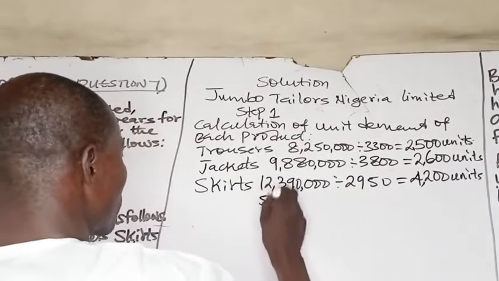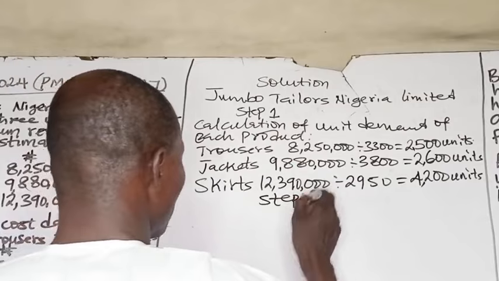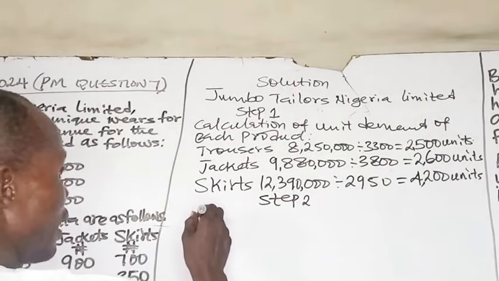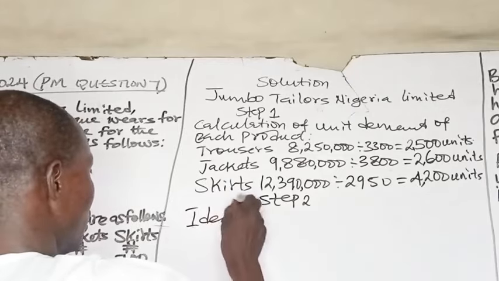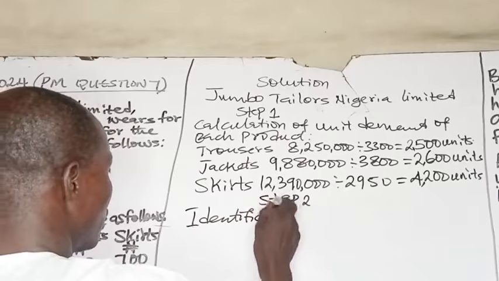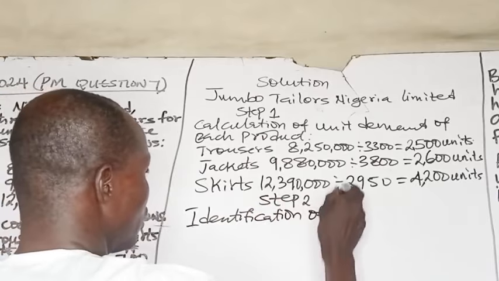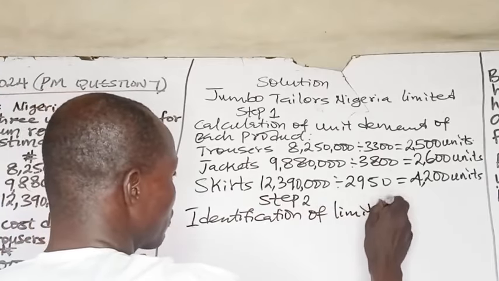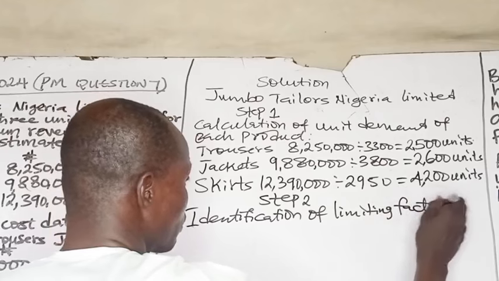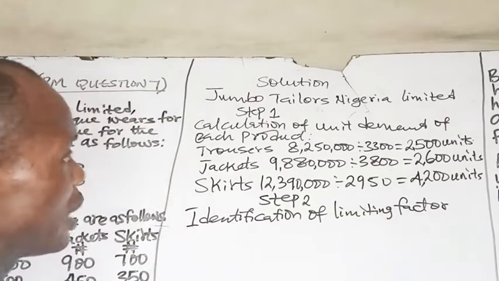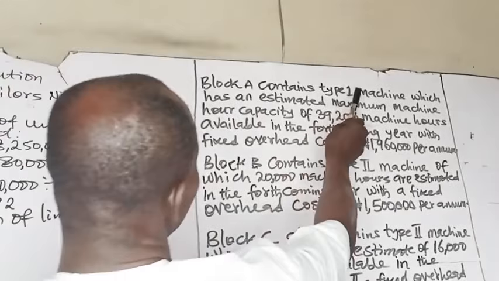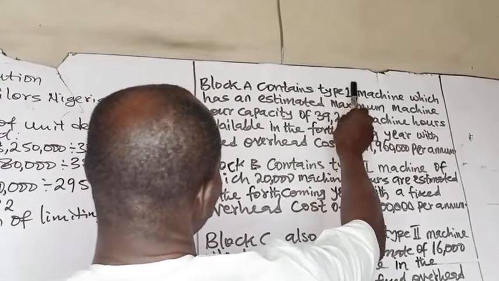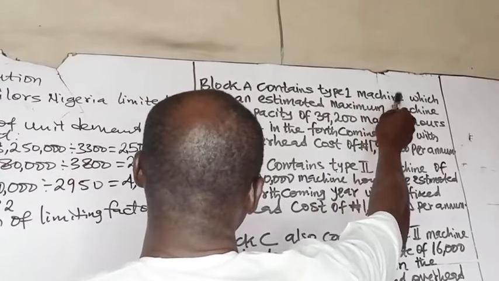Step 2 now, identification of limiting factor. We have two potentially limiting factors. One of it is type 1 machine hours.